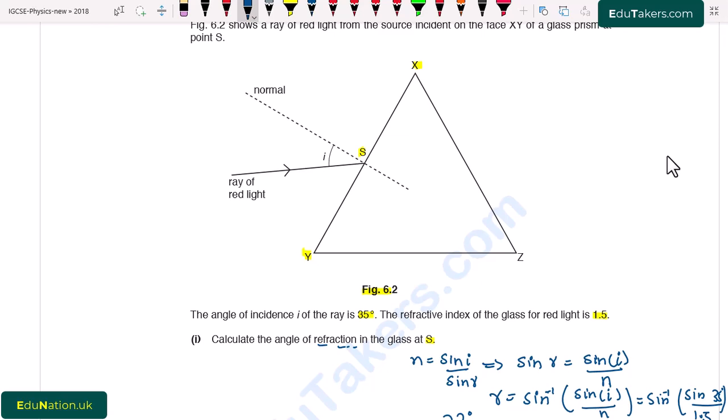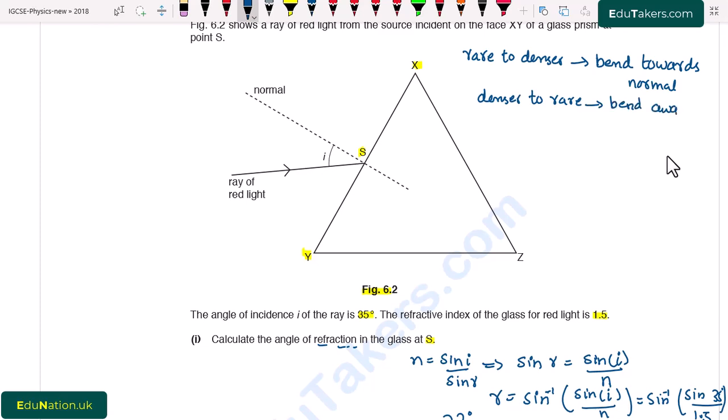So when a ray of light goes from rare to denser medium, it bends towards the normal. But when the ray of light goes from denser to rare medium, it bends away from the normal.